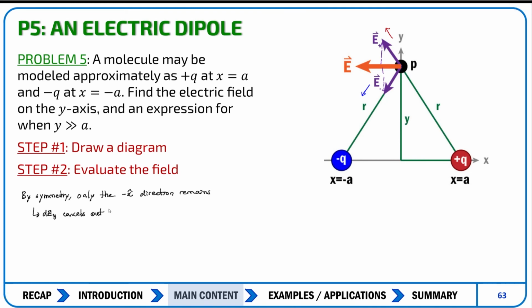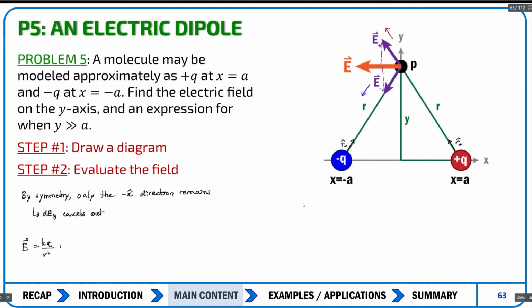Next, we want to take a look at the electric field itself. E is equal to kQ over r squared, and we have to take a look at the x component. For r, here we have r plus, and we have r minus.